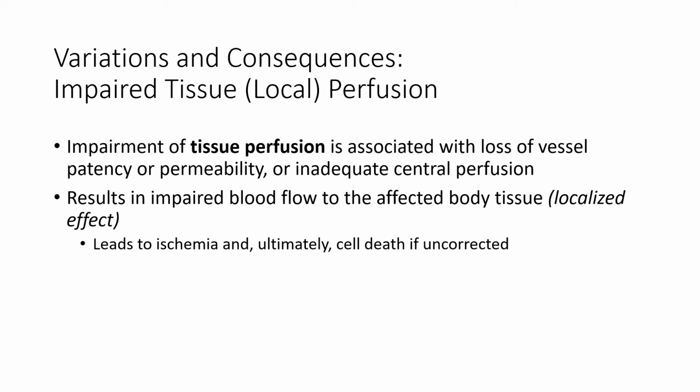So variations of tissue perfusion. This is problems with vessels, patency or permeability, or as a result of inadequate central perfusion. So factors that can impair or reduce tissue perfusion are occlusions, which can be seen as a thrombus, which is a blood clot, something that's blocking the artery, blocking the vein.